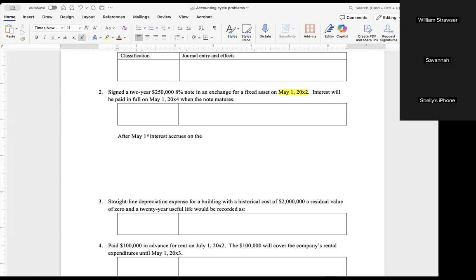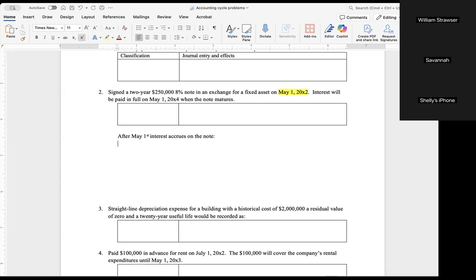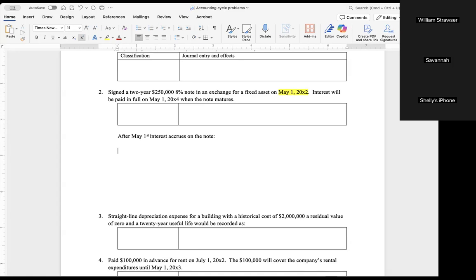Anything that has interest that our company owes or is owed, payable or receivable, we have to show that interest as an adjusting entry, because interest is usually paid every 6 months or every year or month. It just depends on the payable that we have.